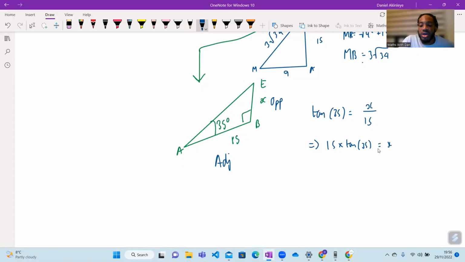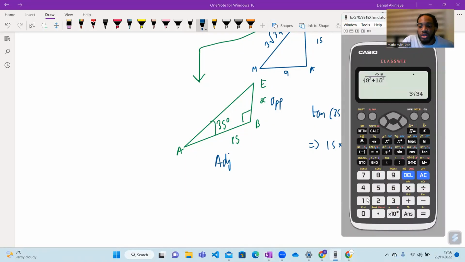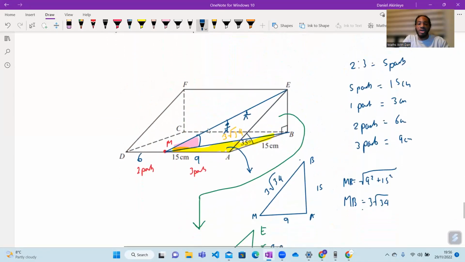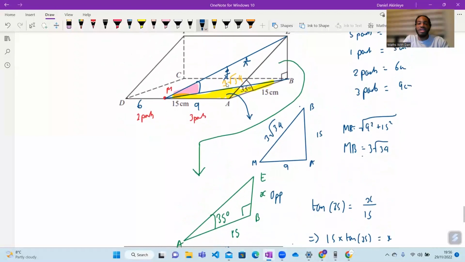Put it in my calculator: 10.5031. So x is equal to 10.5031 dot dot dot, but in my actual calculation, I'm just going to put 15 tan 35.